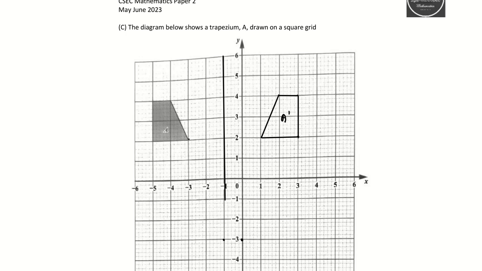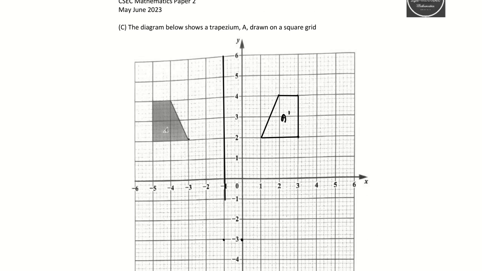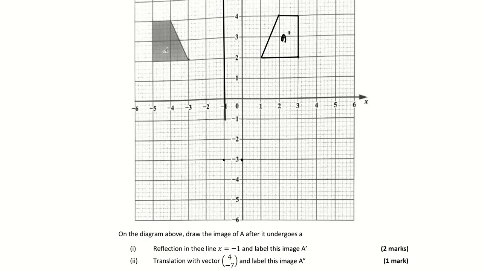It is, let's just make sure, 4 units to the right, or 4 units along your x-axis. 1, 2, 3, 4, and then we're going 7 units down. 1, 2, 3, 4, 5, 6, 7. Shucks, 6, and then this was 7.